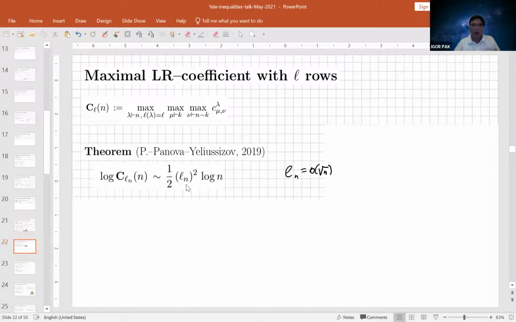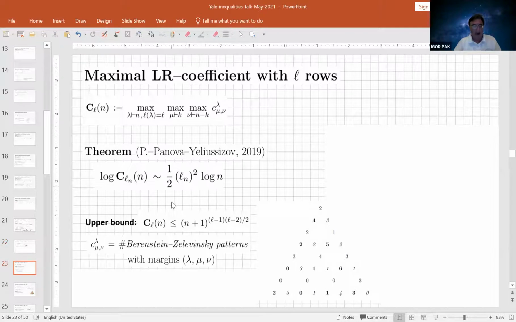And the way we prove that is, there are an upper bound and a lower bound in this asymptotics, and both use combinatorial interpretations. The lower bound and the upper bound use different combinatorial interpretations of Littlewood-Richardson that I explained to you.